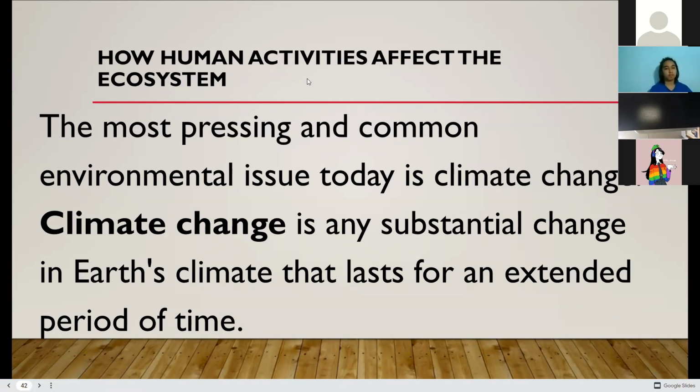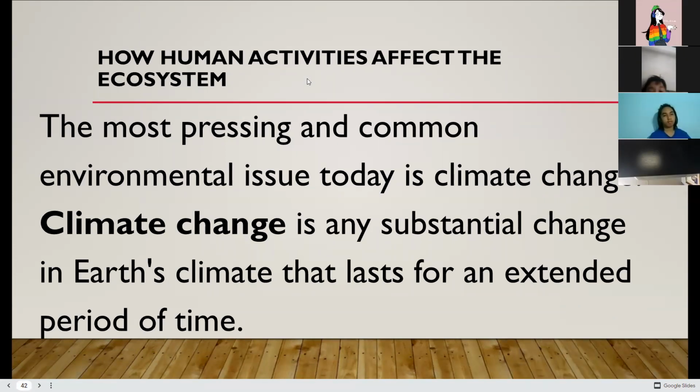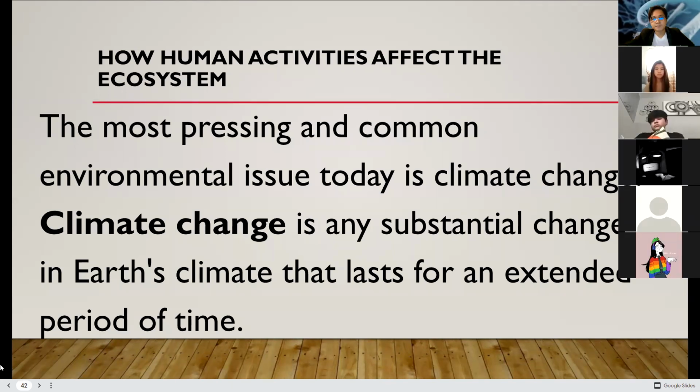This now plays a big part of the ecological importance of humans. At the same time, what are the disturbances that humans actually did in nature? These are the naturally occurring biogeochemical cycles. But then again, because of human activities, there are a lot of changes and it affects the ecosystem much. Let's take a look at how human activities affect the ecosystem.